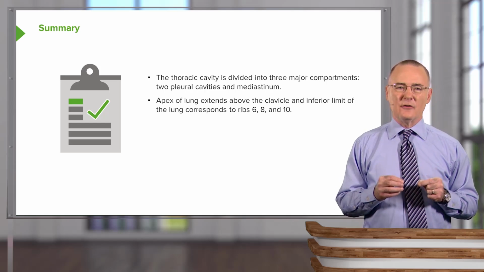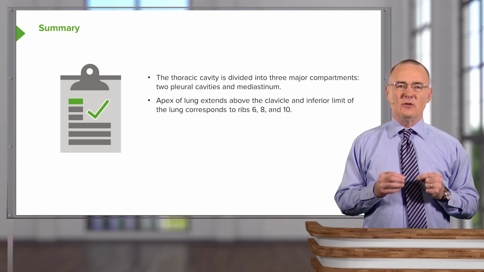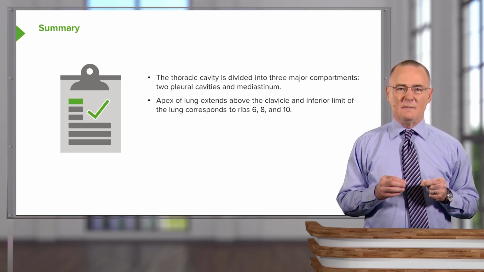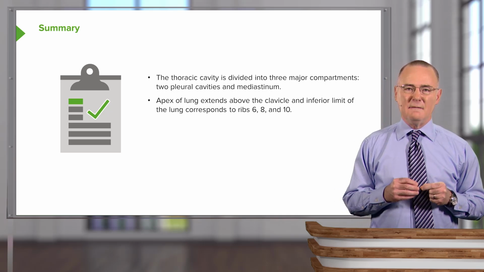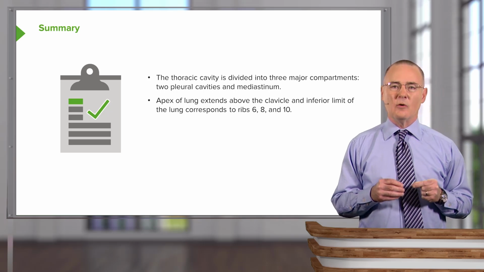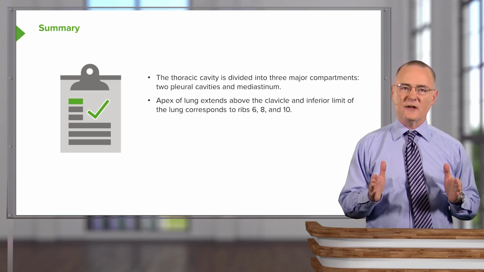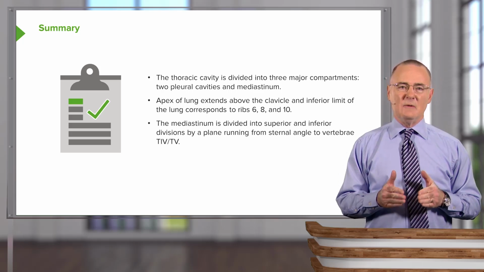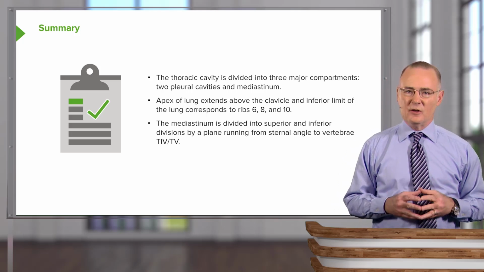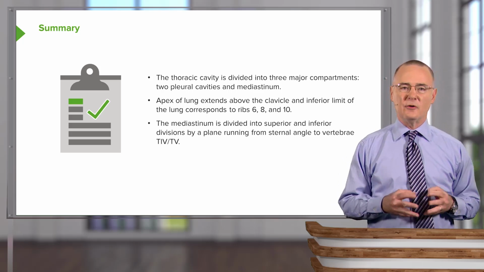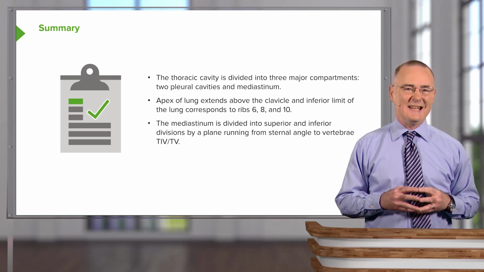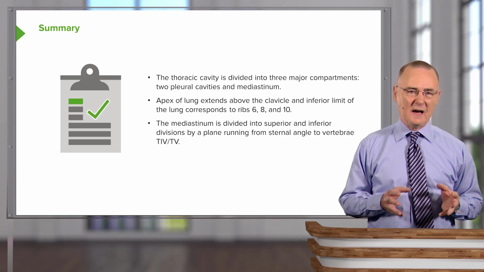The apex of each lung extends above the clavicle to the level of C7 for the vertebral level, and the inferior limit of the lung will correspond to ribs 6, 8, 10. The mediastinum is divided into superior and inferior divisions by a plane that runs from the sternal angle to an area located between T4 and T5.